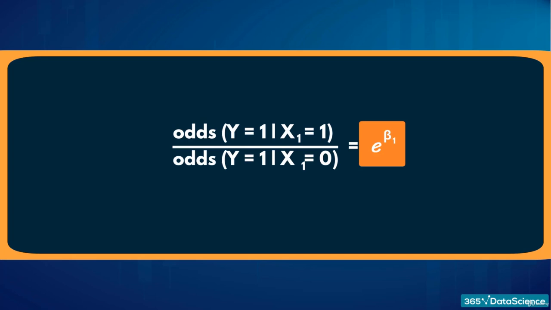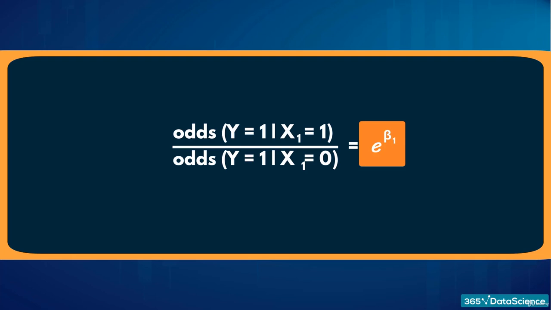So, what's left is just the ratio of odds. Thus, the ratio of odds of an event occurring for an observation with the dummy variable having a value of 1 to the observation with the dummy variable having a value of 0 equals an exponent to the power of the regression coefficient of the dummy variable.